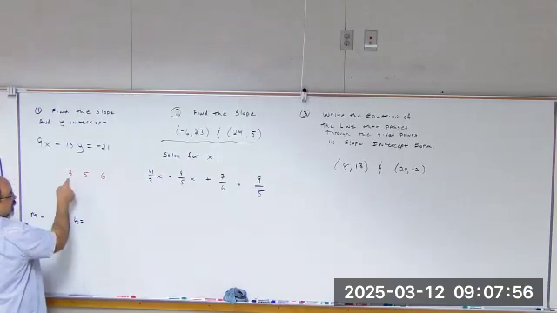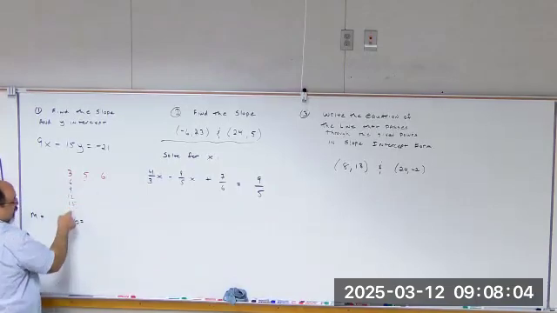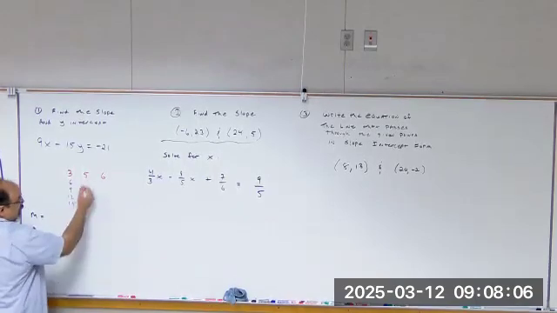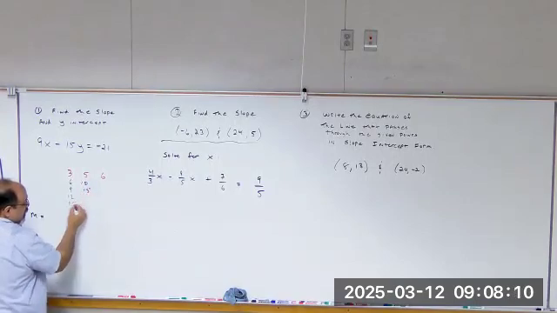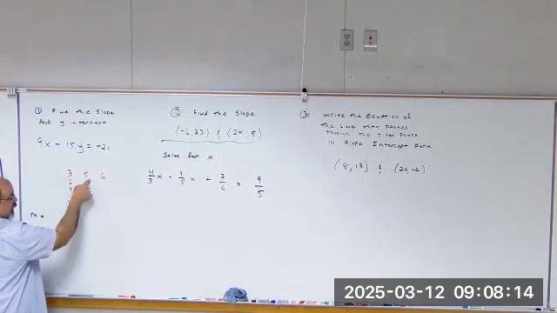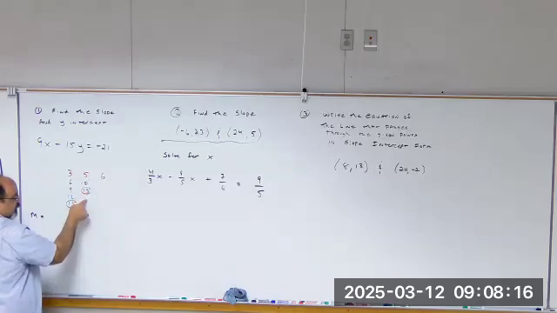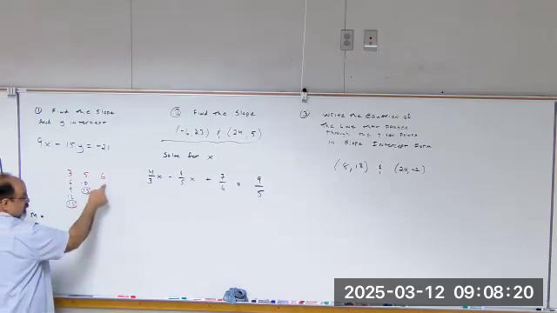The multiples, 3 goes into 3, 6, 9, 12, 15. And 5 goes into 5, 10, 15. So 15 is the least common denominator for the 3 and the 5. So you got the 15. But what about the 6? 6 doesn't go into 15. So we got to keep going.